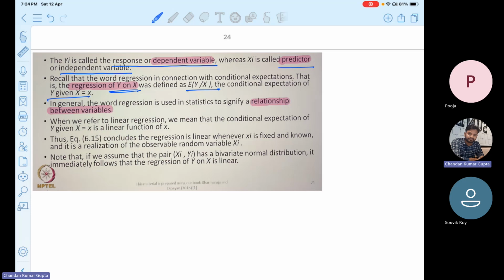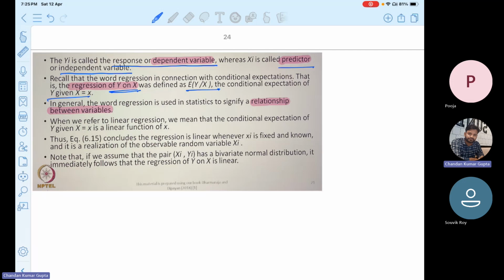In general, the word regression is used in statistics to signify a relationship between variables. Regression means we make a model which gives a relationship between the independent variable and the dependent variable, and with the help of the independent variable we are able to predict the dependent variable. That is the regression actually.